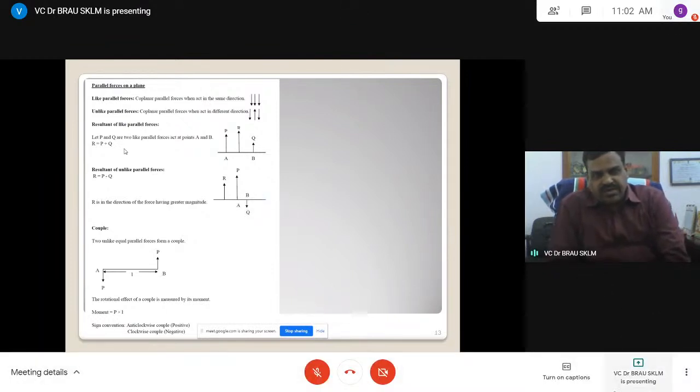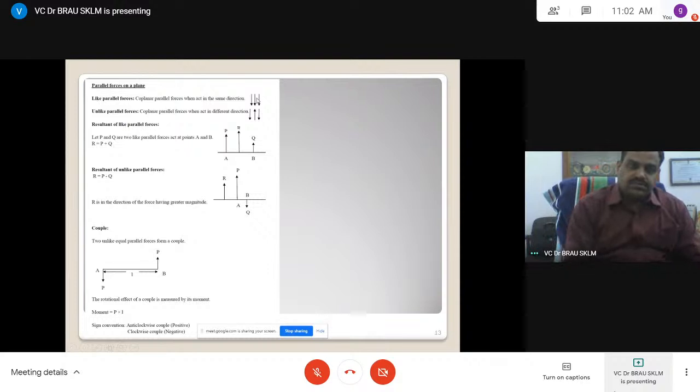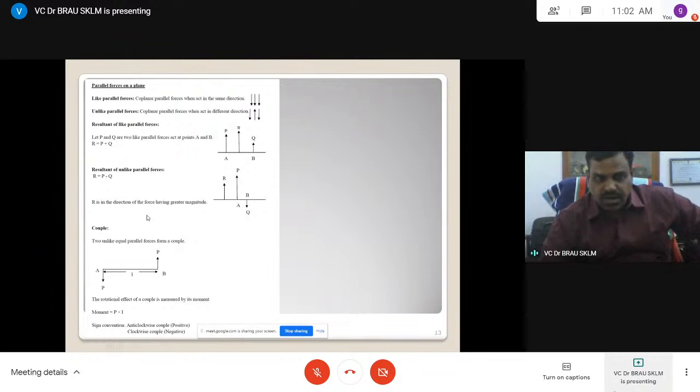If it is unlike parallel forces, for example two forces in one direction and a third force in the opposite direction, then R is in the direction of the force having greater magnitude.